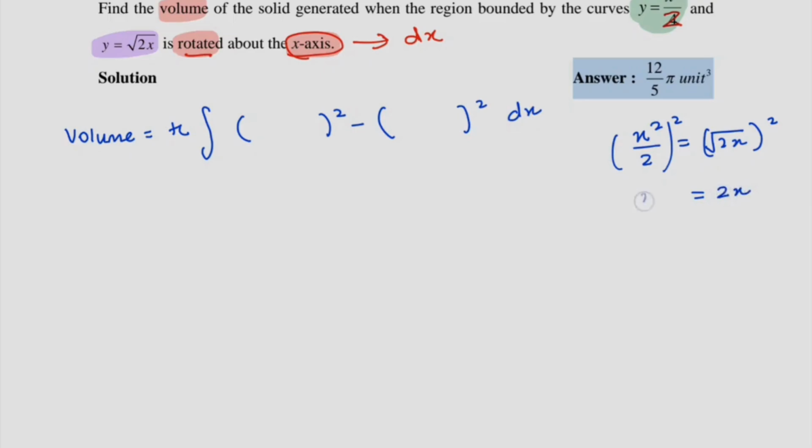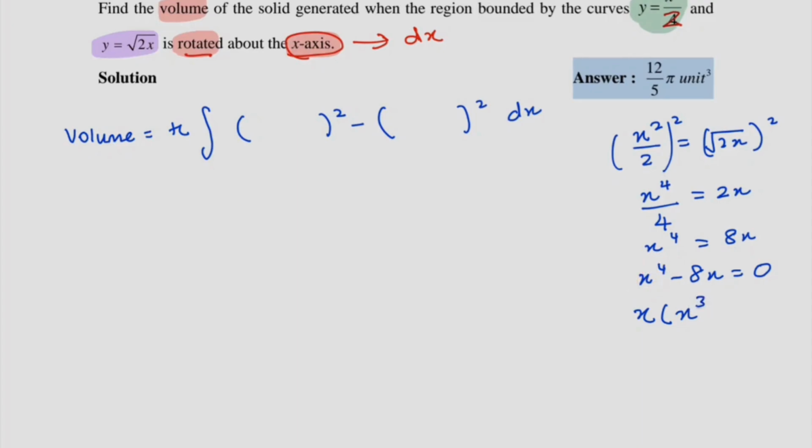Okay, solve them. x squared squared is x power 4. Square root of 2 squared is 2x. And then you bring this 2x to the left side and we get x power 4 minus 8x equal to 0... Next, you can factorize x because we have x in both terms, and just take x out.